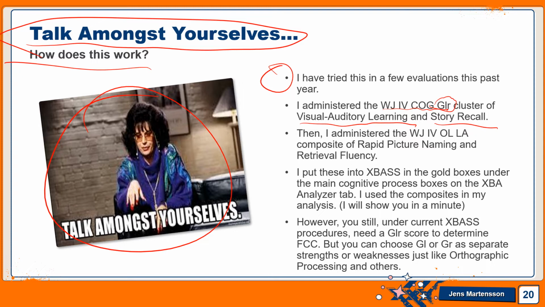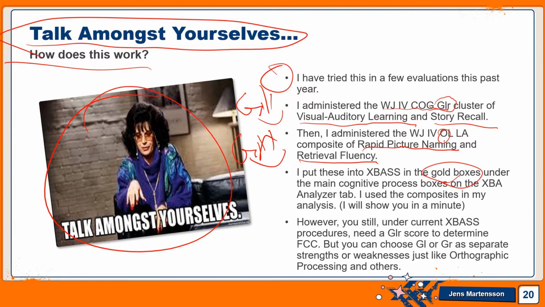It's common, so that wasn't anything more testing. Then I administered the oral language rapid picture naming and retrieval fluency, which I just told you. So that gave me a composite. So here was my GL and my GR. I put these into XBASS in the gold boxes.